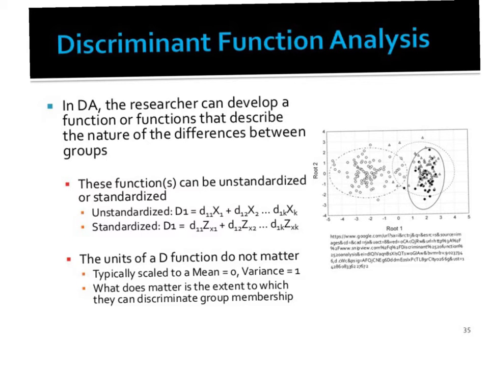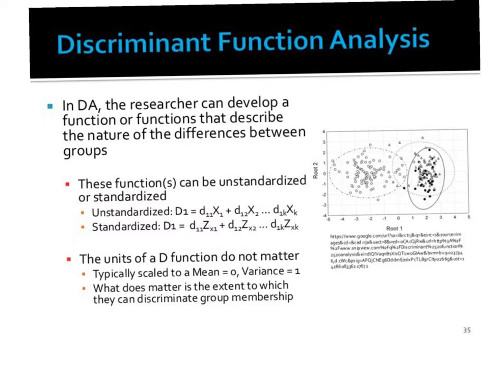We have D1 = d11x1 + d12x2 + ... + d1kxk. Here, we see the standardized version uses z-scores. So you can have z-scores in place, as opposed to betas, which was the standardized weighting in regression.